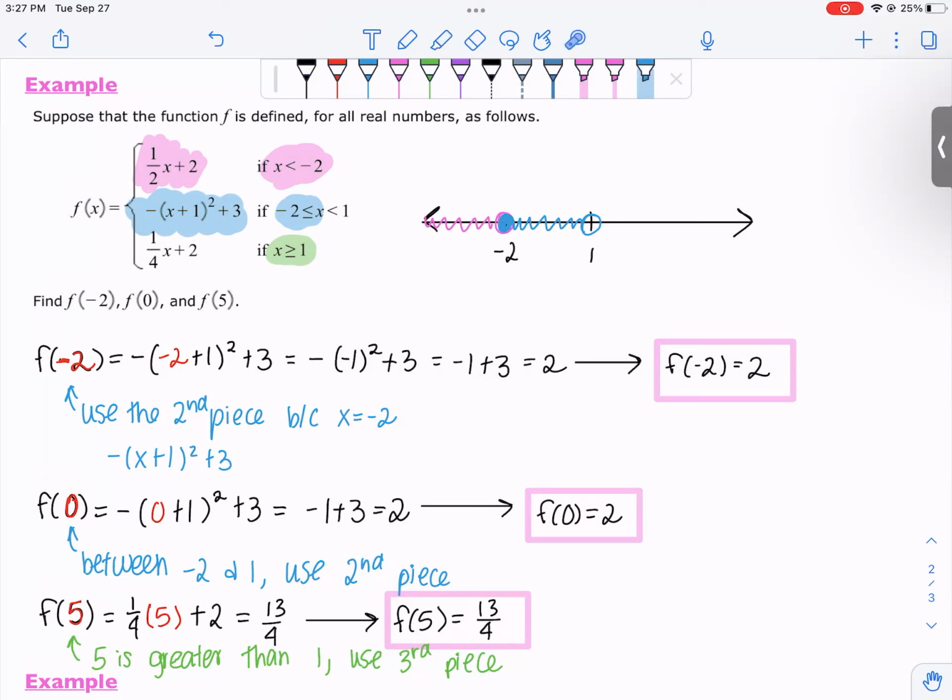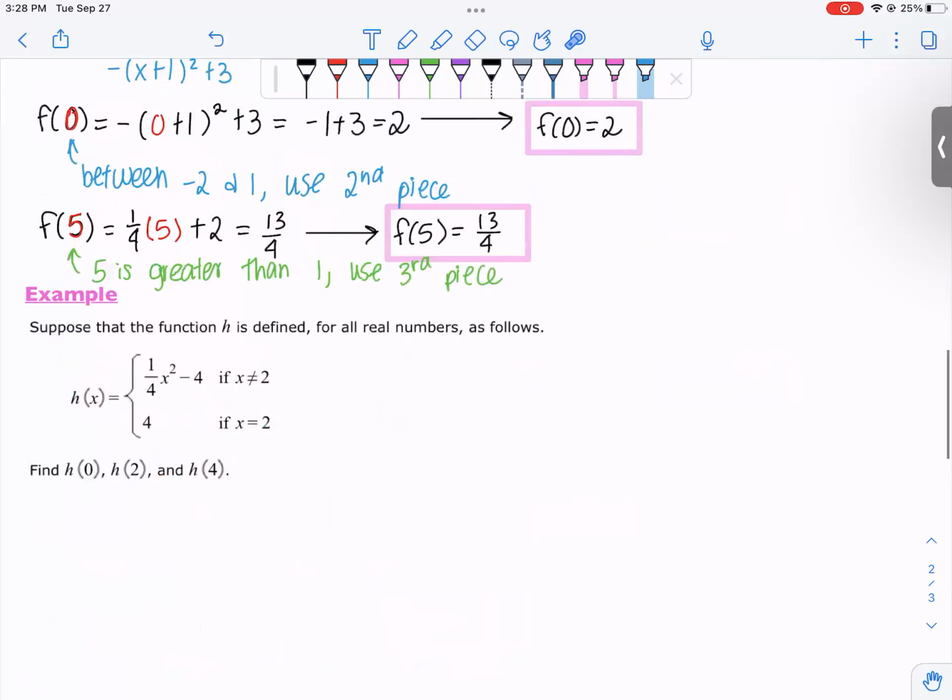And then down here, if your x is greater than or equal to 1, so I'll do a solid dot to denote that, you would use this portion. So when I was looking at -2, if I look at this little graph I've made, -2 is blue, which means that I'm using that blue portion there. And that was because it was included.